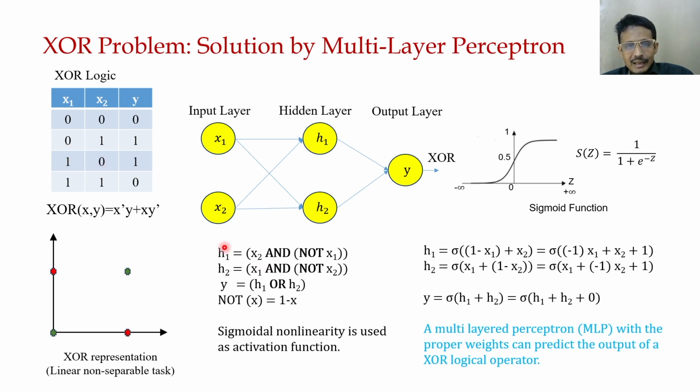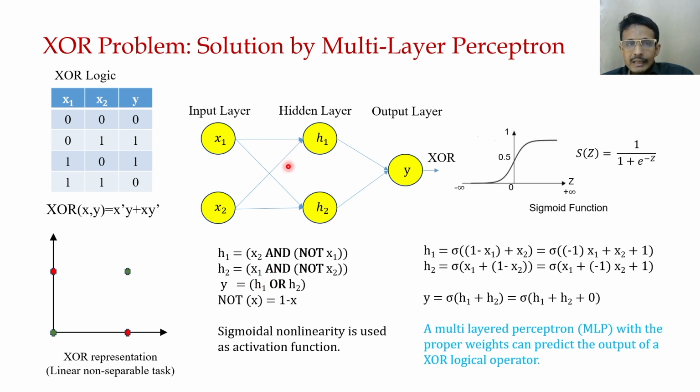You can see that this AND gate and even the NOT gate can easily be implemented by a single-layer perceptron. So initially these are single-layer perceptrons, and this extra layer is going to use these two.